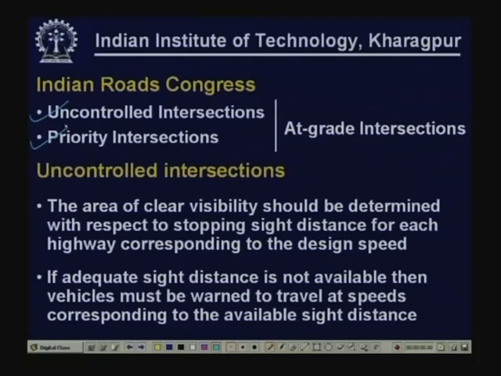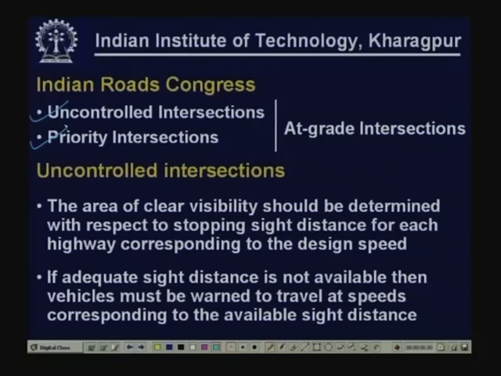Now, uncontrolled intersections are those intersections where priority of both roads are equal, no higher priority or lower priority for any road. Both intersecting roads normally have equal priority. For priority intersections, priority of one road is higher than the priority of the other road. So, it is a case where a major road and a minor road are intersecting.